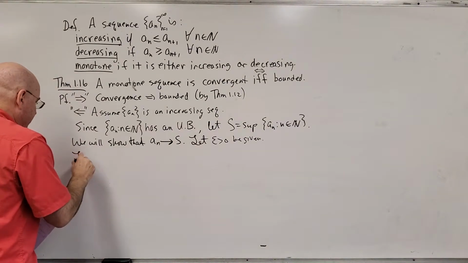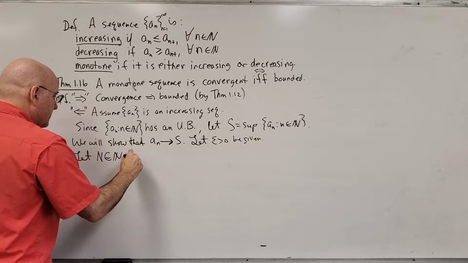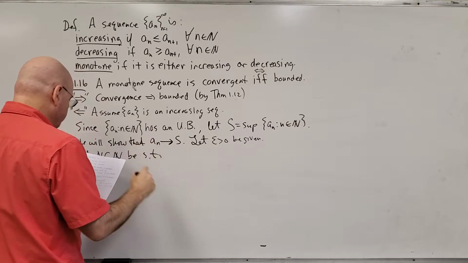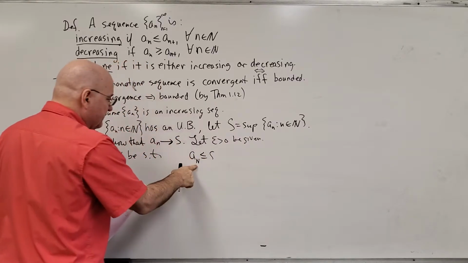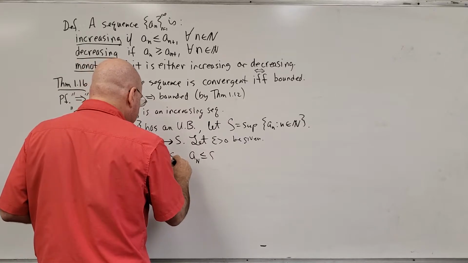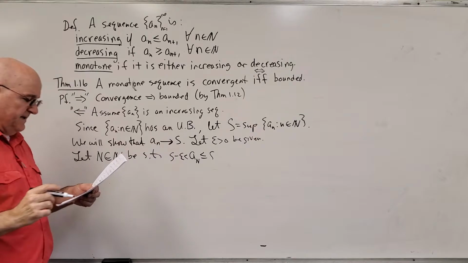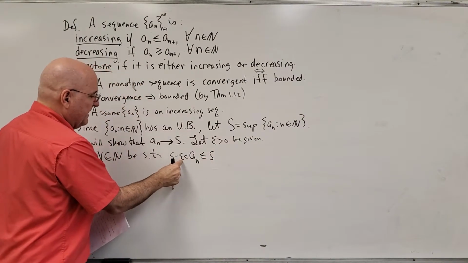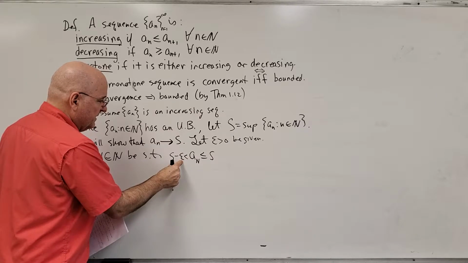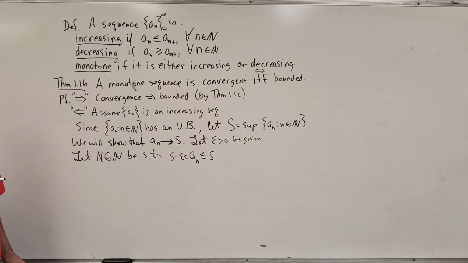Well, let's let capital N be such that this a subscript N is in between S minus epsilon and S. Notice it's strictly greater than S minus epsilon, and it's less than or equal to S. Anybody remember why I'm allowed to say that?